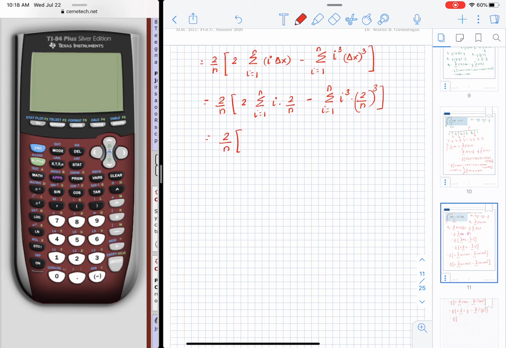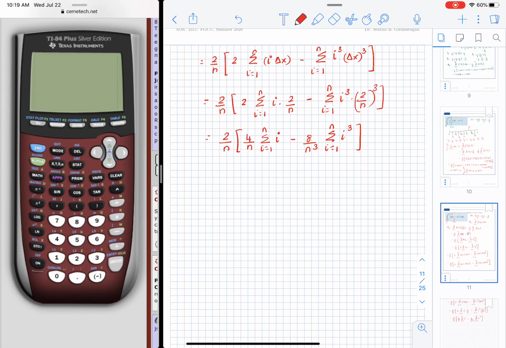It doesn't depend on i, so I'm going to pull it outside of the sum. So 2 times 2 over n is 4 over n. Likewise, 2 over n cubed is 8 over n cubed. 2 cubed is 8. So 8 over n cubed, sum i equals 1 to n, i cubed.